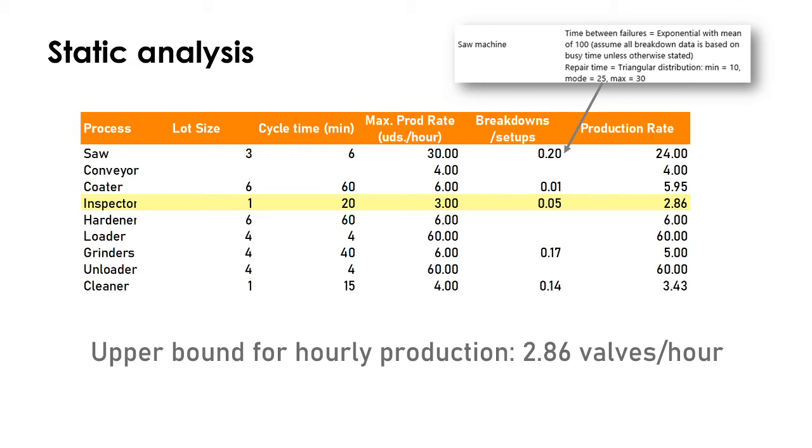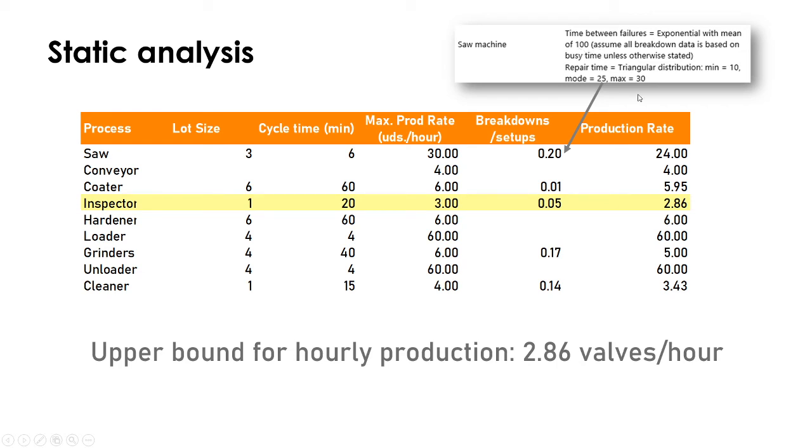But we have either breakdowns or setups. This happens for several processes in our system. And in this case, what we have is a repair time during which this process is not available, the saw is not working, which follows a triangular distribution. And we can assume that pretty much we have 25 minutes unavailable for every 100 minutes.